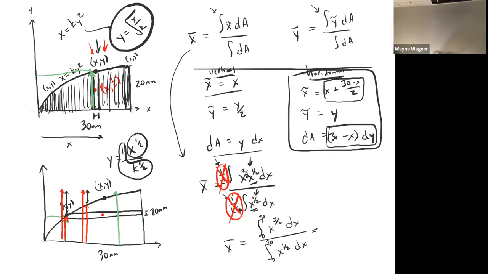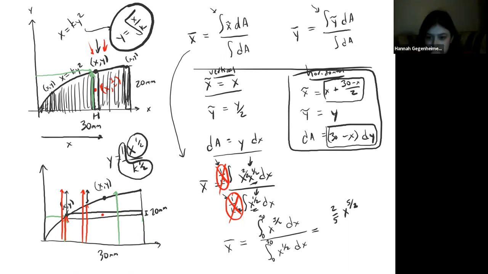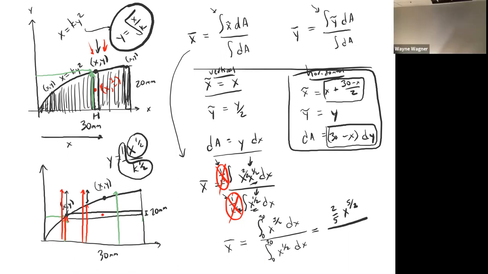Okay, so when we do these integrals, using the power rule, we're going to go to x to the 5/2, excuse me, so we add basically 1. And then we want to take the reciprocal of that, 2/5, like that. And on the bottom, we do the same power rule. We're going to go x to the 3/2. So we're going to add 1, so 2/2.